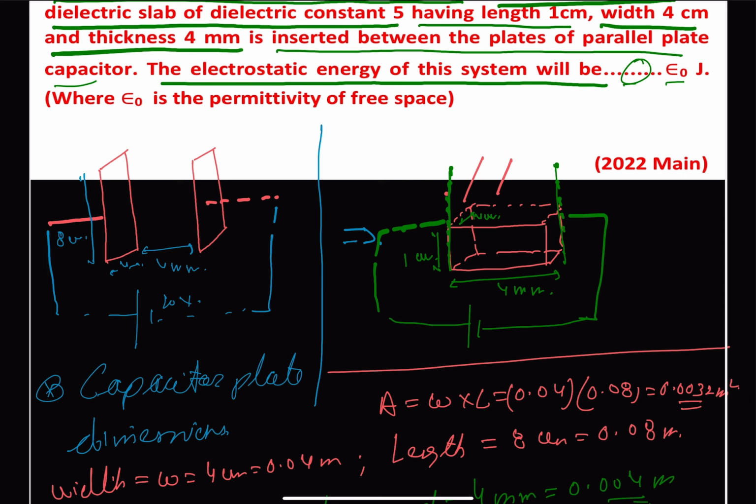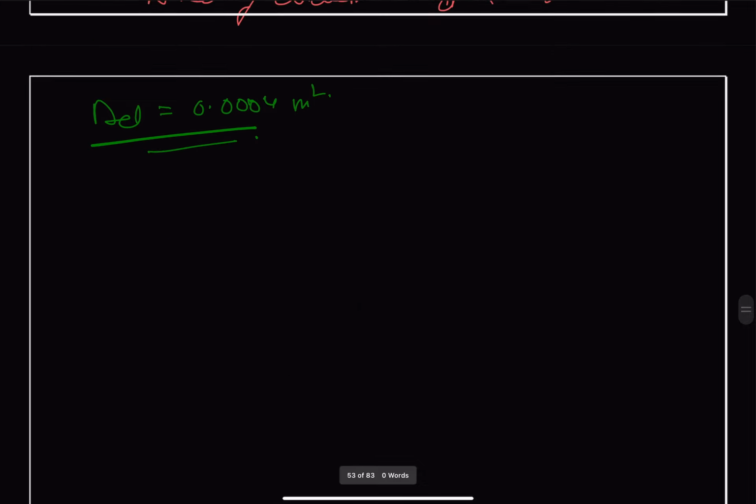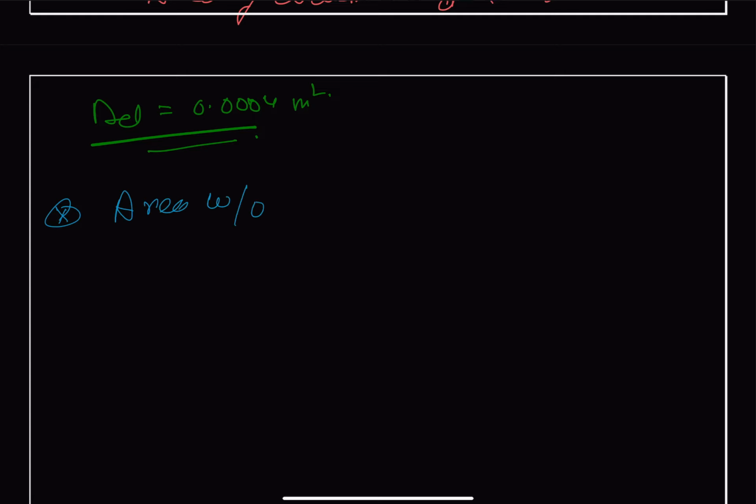So we are going to find out this area without dielectric. So area without dielectric, that will be having area of air equal to area of the capacitor minus area of the dielectric.